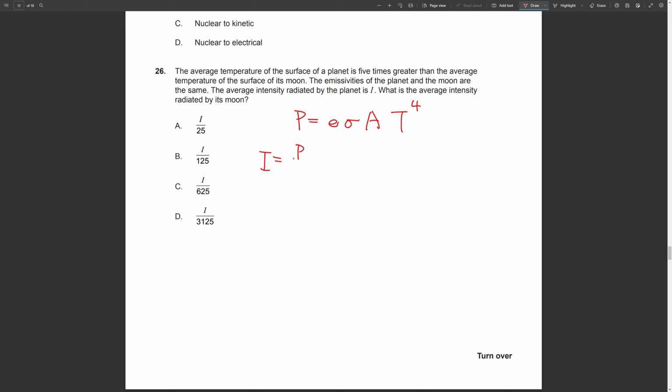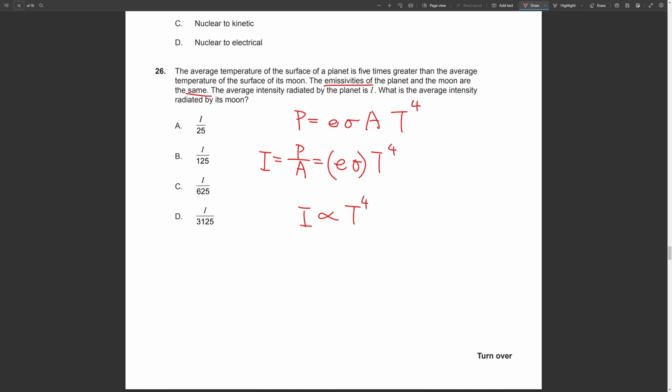It's defined as the power over area, so it's e sigma T to the power of 4. As the two objects have the same emissivities, the bracket itself is a constant. We can take intensity is proportional to the surface temperature to the power of 4.